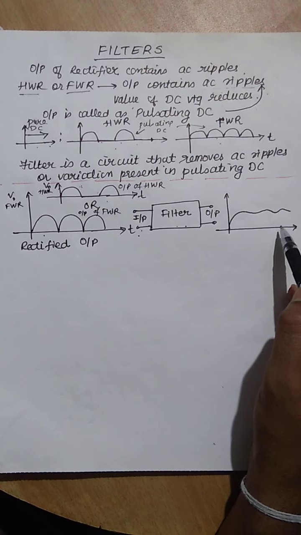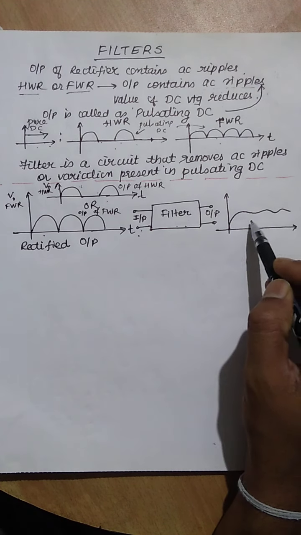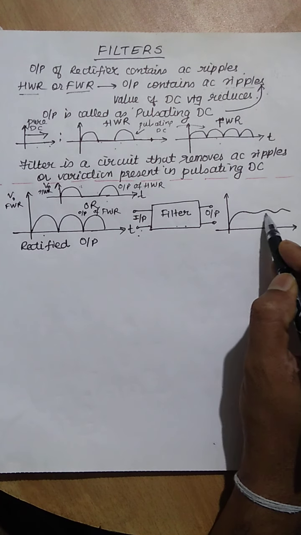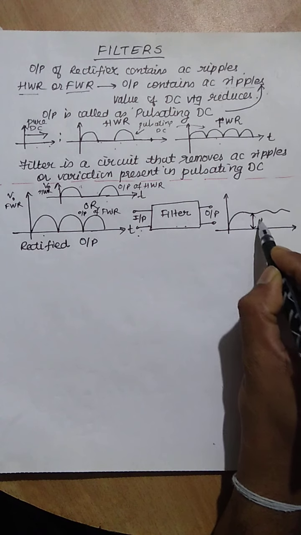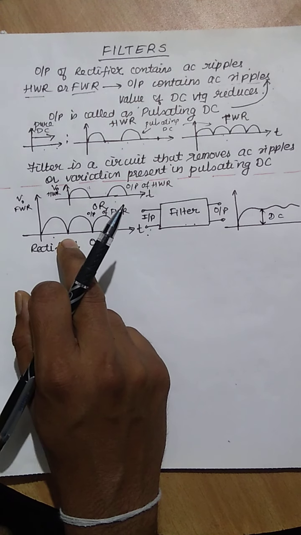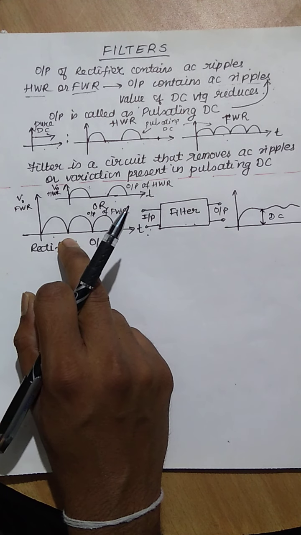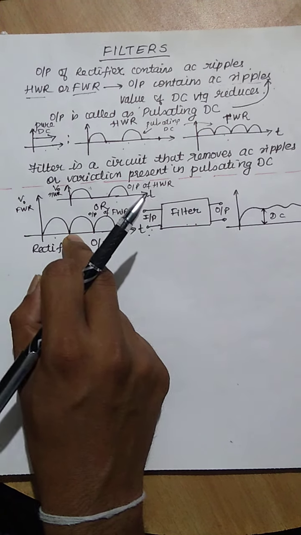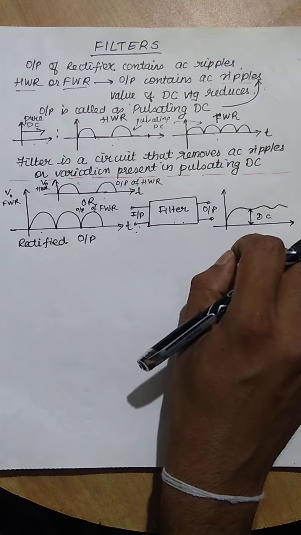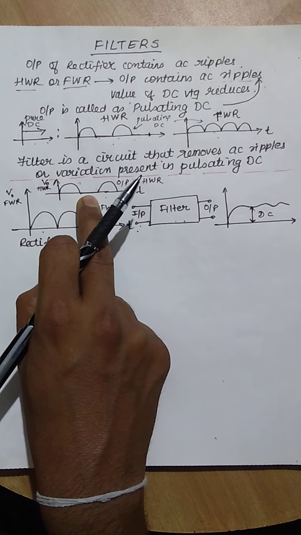Now the output, as we see, it contains more of the DC voltage. So this is more of the DC voltage as we compare to this. Because if we calculate the average value or the RMS value of this, it will be definitely less than this output voltage. And same for this half wave rectifier.